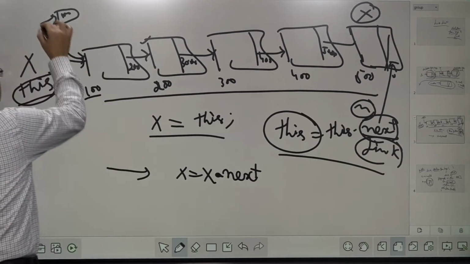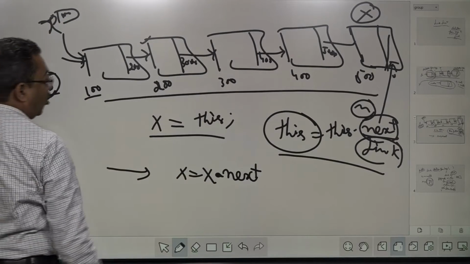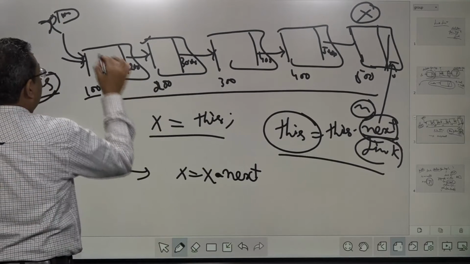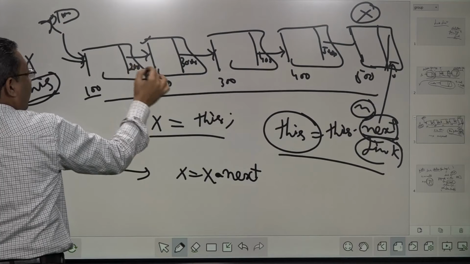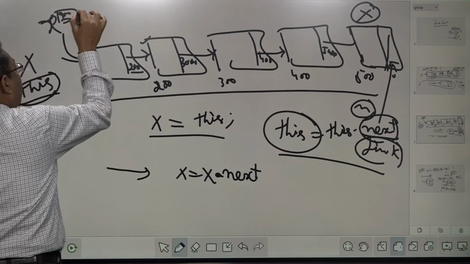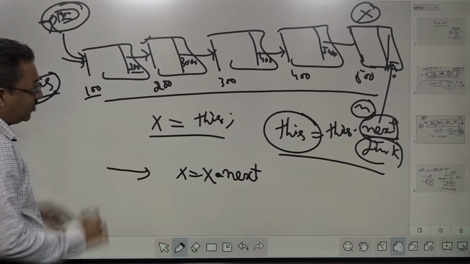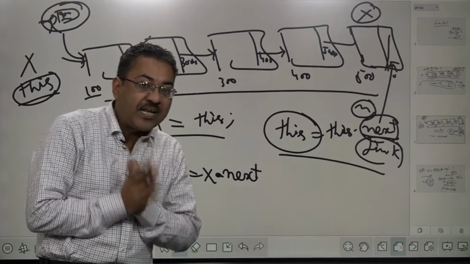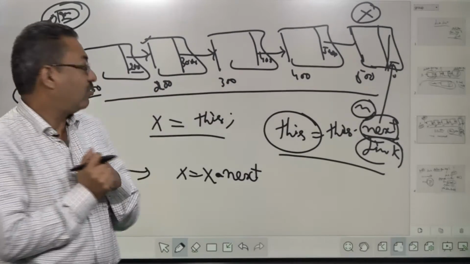Okay, so this is x, and once I do x dot next to be stored into x, what will x contain? This is a separate entity. This is not part of the list. This is a temporary variable which contains the reference of the list.